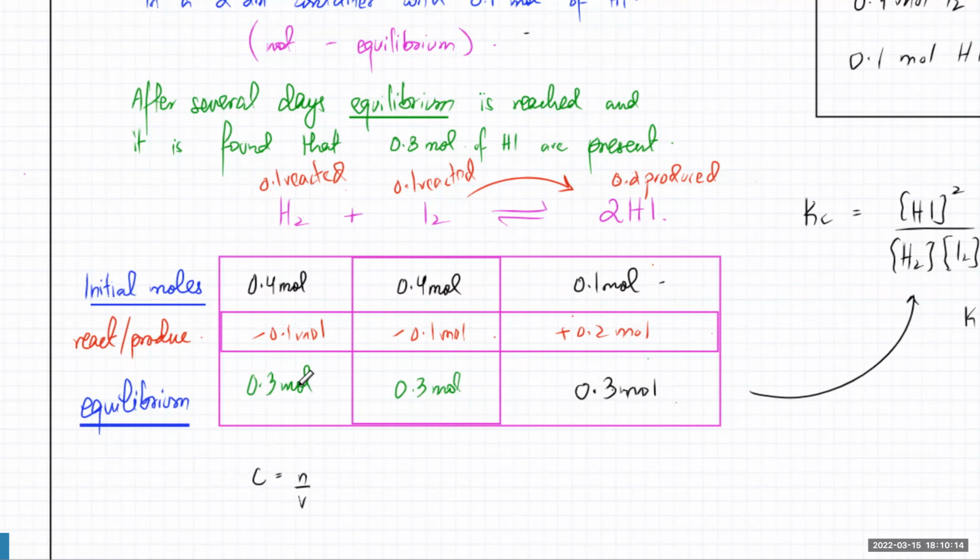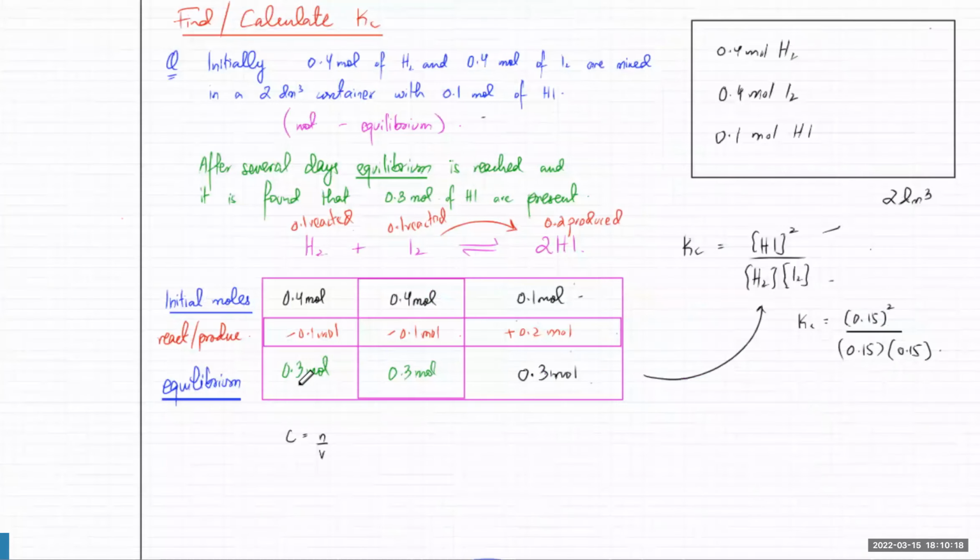Yes, sir. Yeah, it's clear. So you're going to use these moles. You can remember the equilibrium quantities are going to be put into the Kc expression. And also remember, for the Kc expression, you need concentration. You don't need moles. So how do you find concentration? It's basically moles over volume.